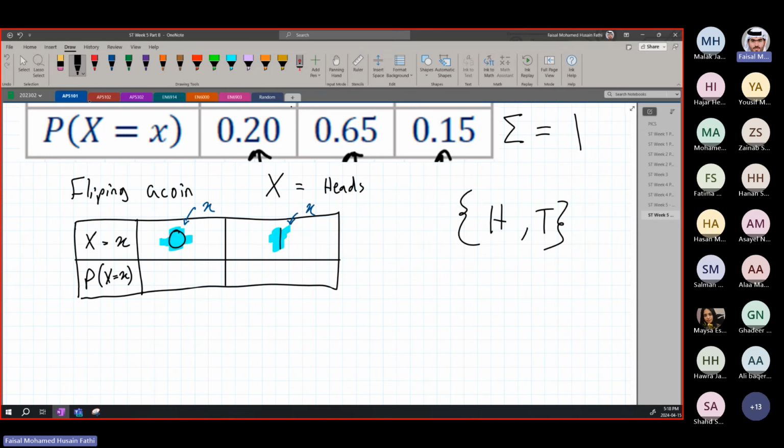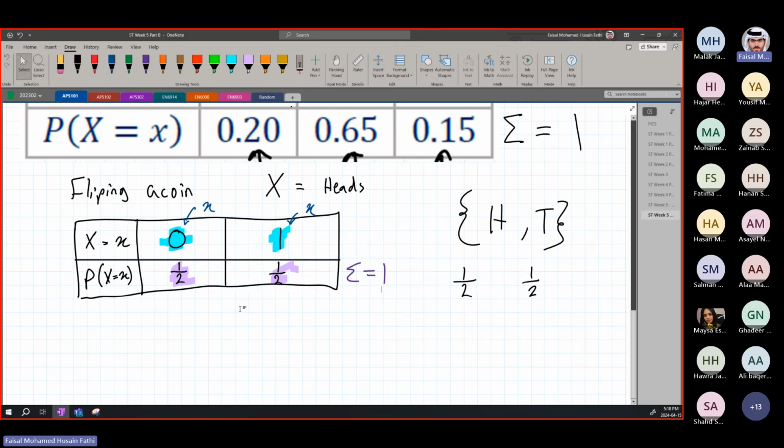We know from our previous sessions that the probability of getting heads or tails when flipping a coin is 1/2 for heads and 1/2 for tails. If we're not getting heads, we're getting tails, which is half, and getting heads is also half. So you notice that the bottom portion, when you add them up, you have to get 1. So half plus half is equal to 1.